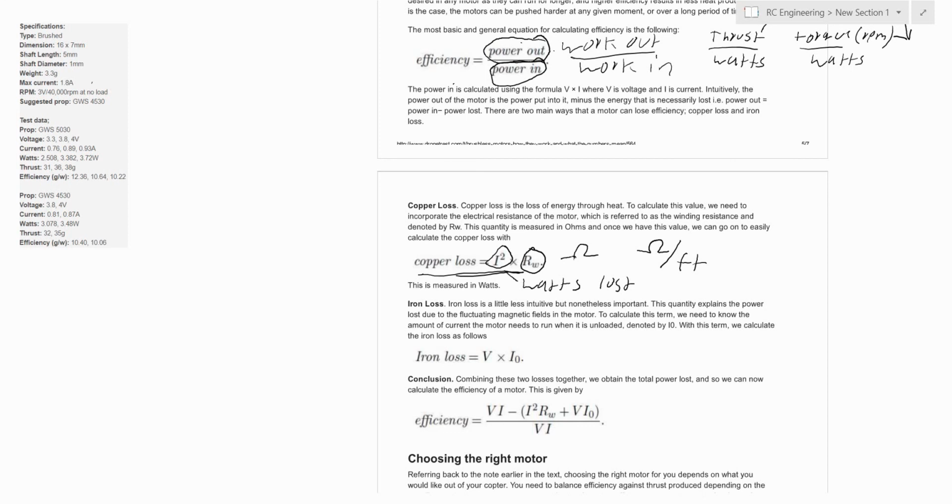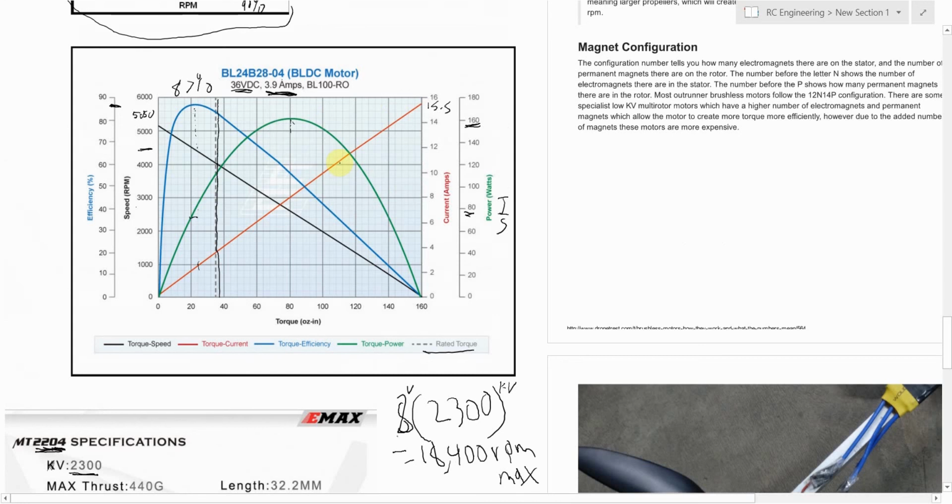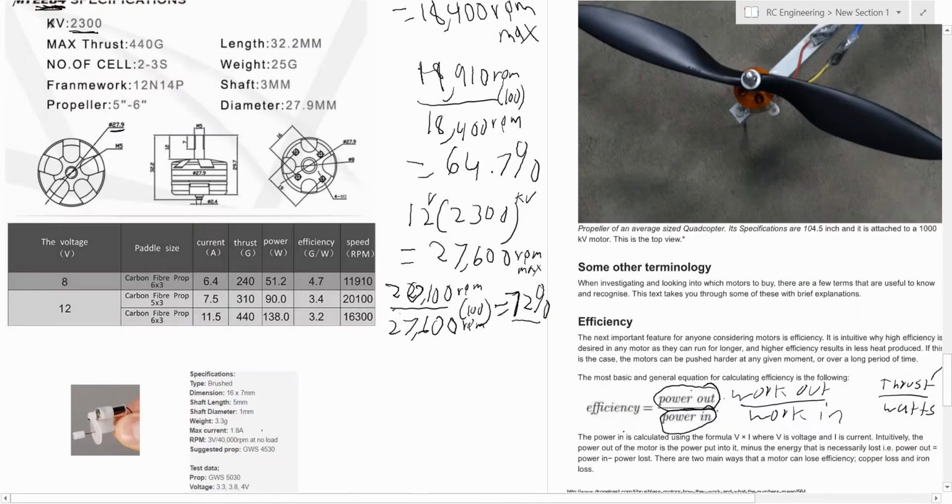The more current you feed through a specific resistance of wire, the more heat is lost. So the more current your motor draws, the more loss you get. And we see a little bit of that up here, where the more current we're pulling, the more the efficiency drops. So as current goes up, efficiency goes down.